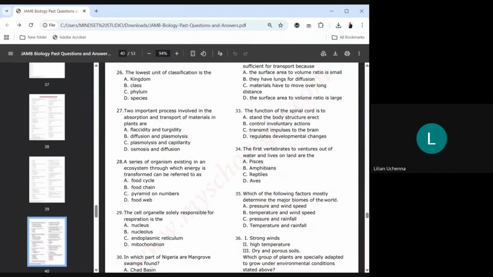Go to the next question. D. This number 30, you cannot know it.